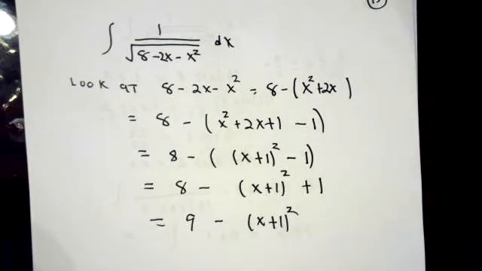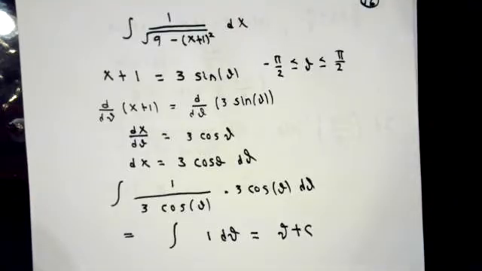The quantity underneath the square root sign is 9 minus the square of something, but it's not the square of x, it's the square of x plus 1. If you think about this as the square root of a squared minus u squared, the a squared would have to be 9, so a would be 3, and the u would have to be the thing whose square I'm subtracting away from that 9.